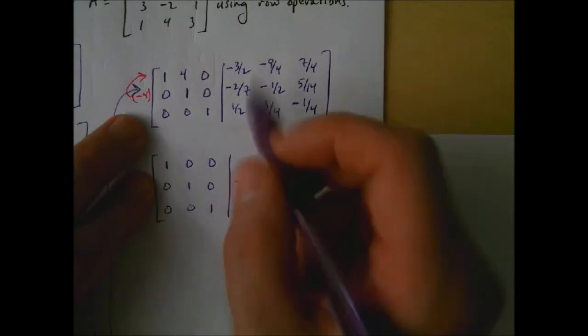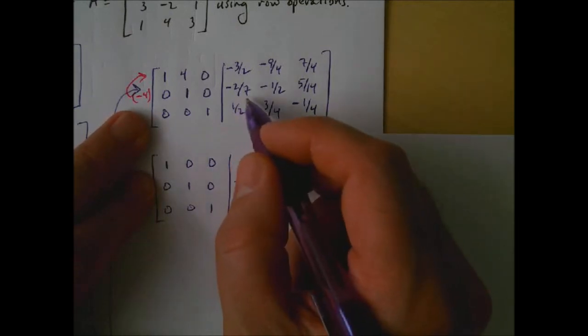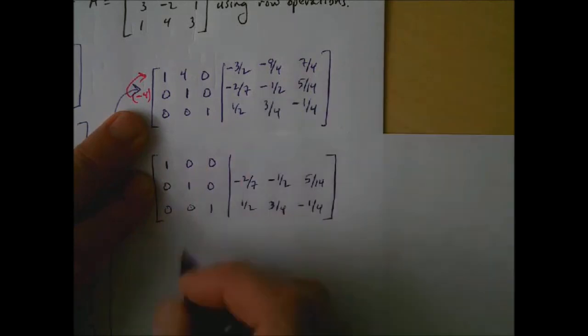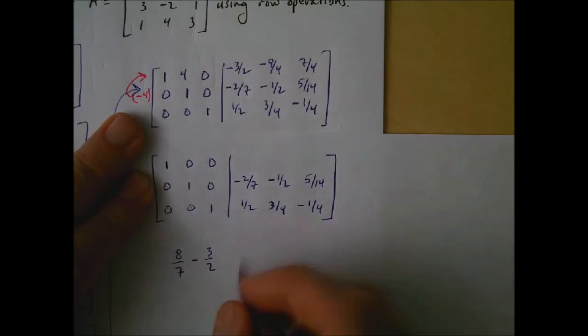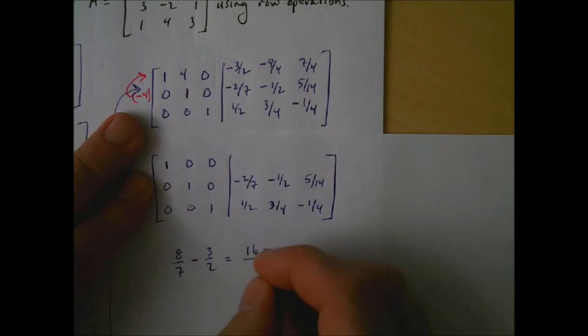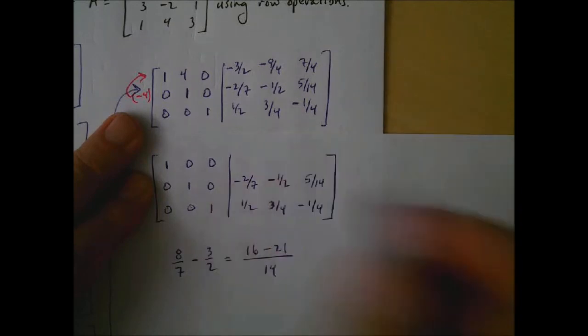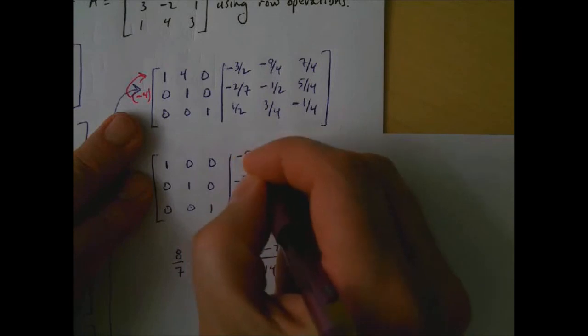Now we get to the harder part. Okay, so negative 4 times negative 2 sevenths is positive 8 sevenths plus a negative 3 halves, so minus 3 halves. Okay, so that would be 16 minus 20, so negative 5 fourteenths.